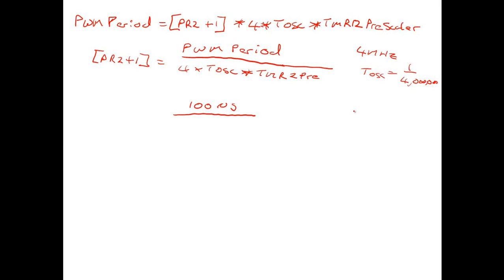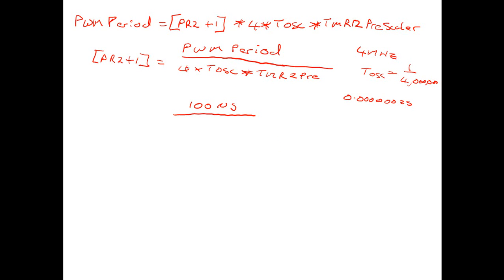If you check that on your calculator, you should find that it comes to 0.00000025, or 25 by 10 to the minus 8, or 0.25 by 10 to the minus 6.